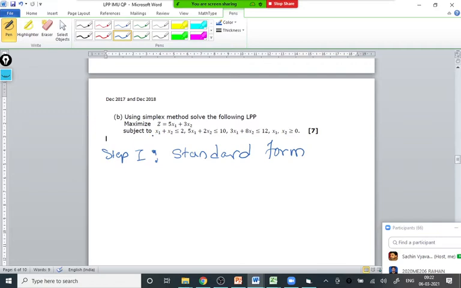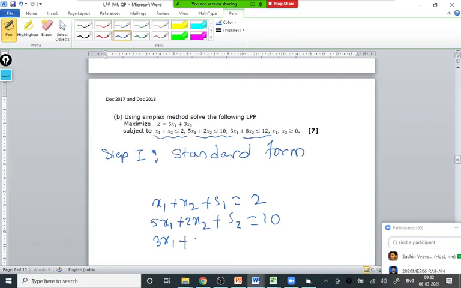We require one slack variable in each of these 3 constraints. The first constraint I can write as x1 plus x2 plus s1 equals 2. The second constraint I can write as 5x1 plus 2x2 plus s2 equals 10, and the last constraint I will write as 3x1 plus 8x2 plus s3 equals 12.